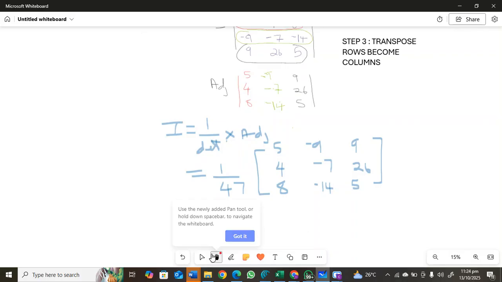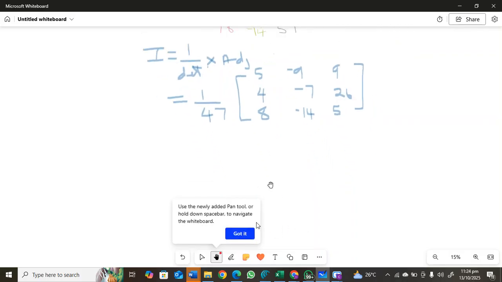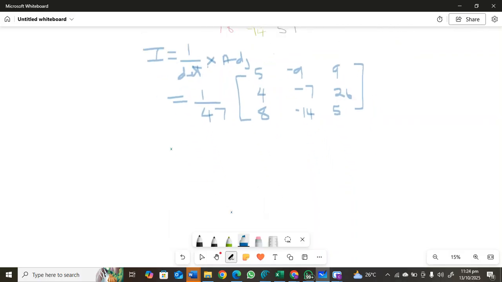Then you multiply: 1 over 47 times 5, that is 5 over 47. 1 over 47 times negative 9, that's negative 9 over 47. 1 over 47 times 9, that is 9 over 47.